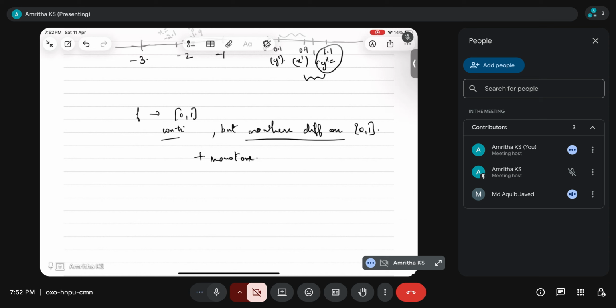That function may be differentiable or not. No, I'm asking whether there exists a continuous monotone function which is nowhere differentiable. You know that there exists a continuous function which is nowhere differentiable.